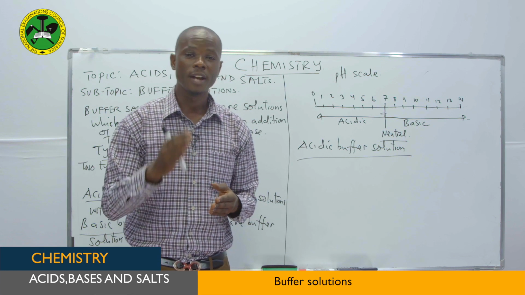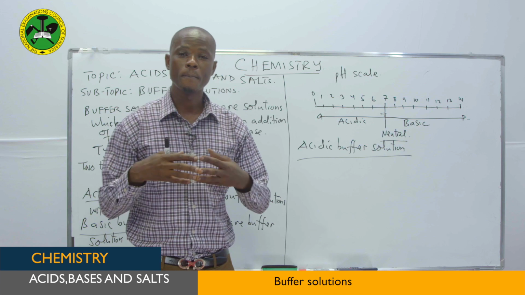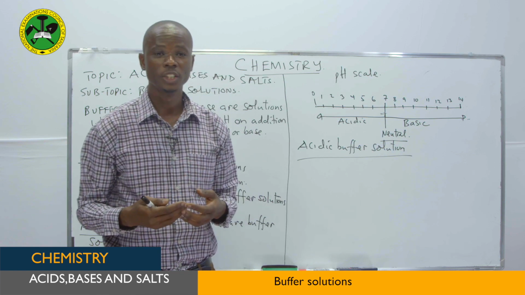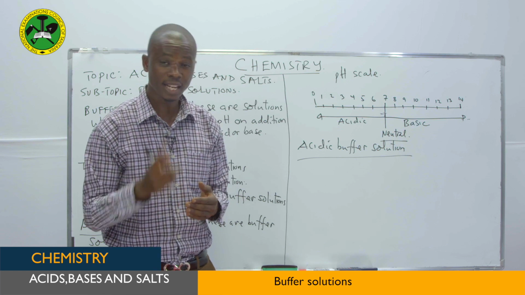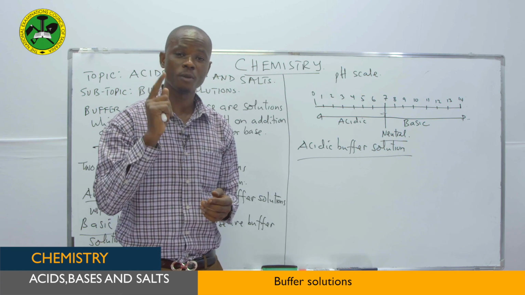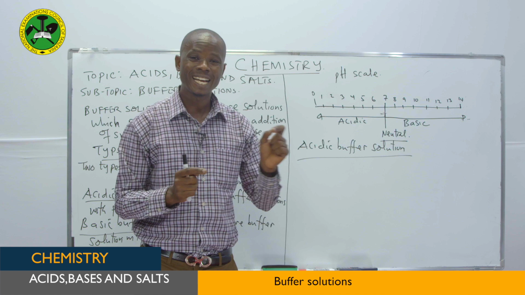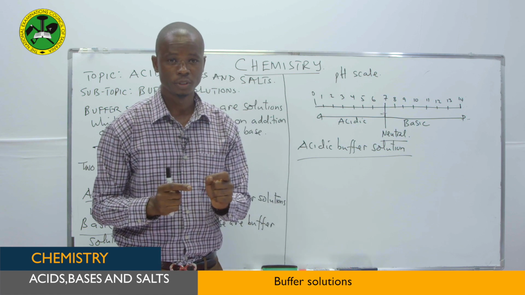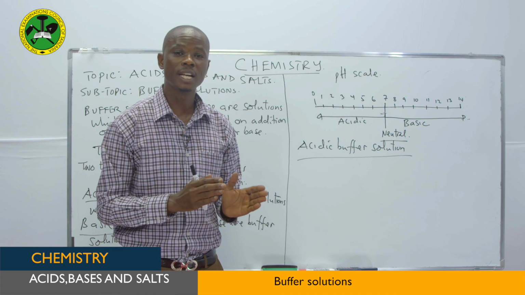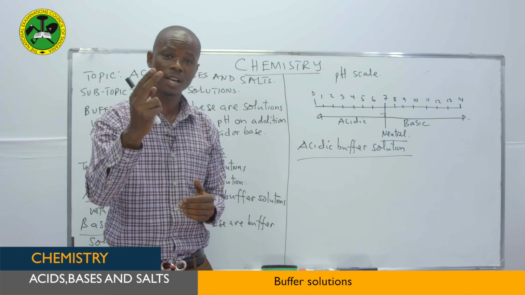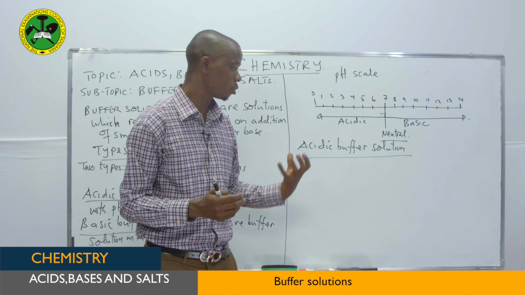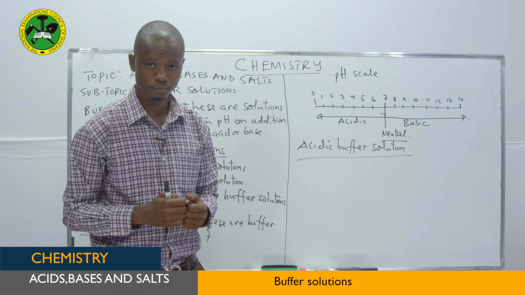Number one, a good buffer mixture should have about equal concentration of its components. And number two, the weak acid and its strong salt, in order for them to be used as a buffer, should have the pH less than 7. So those are the two things to consider when you talk about a good buffer mixture.